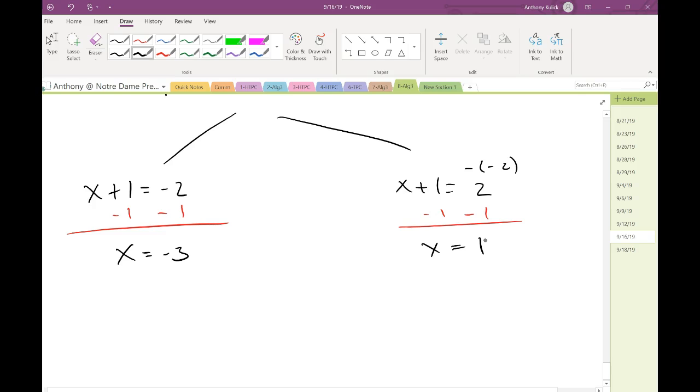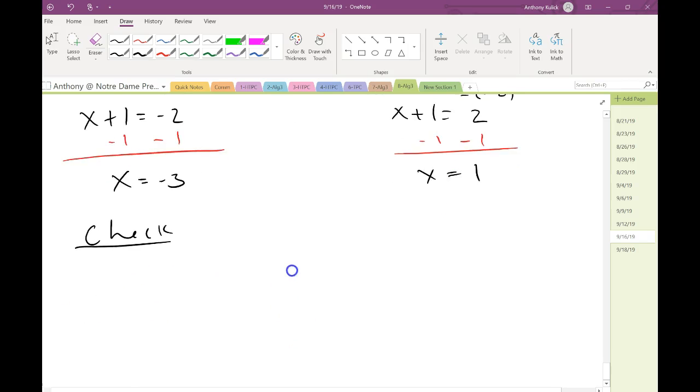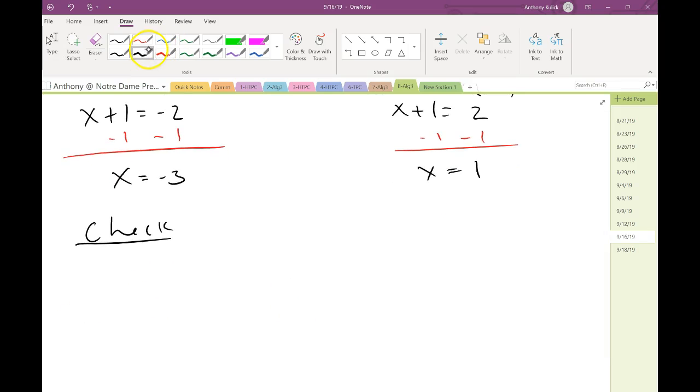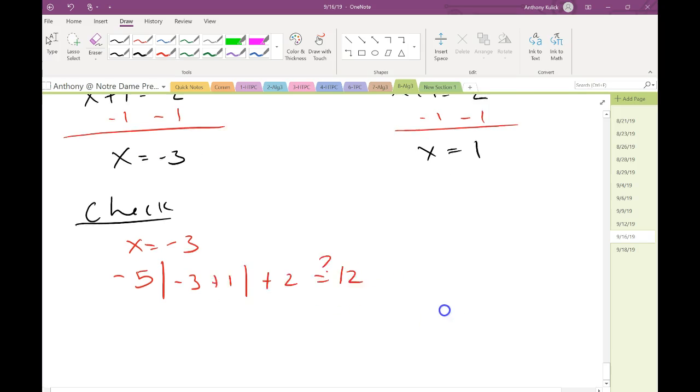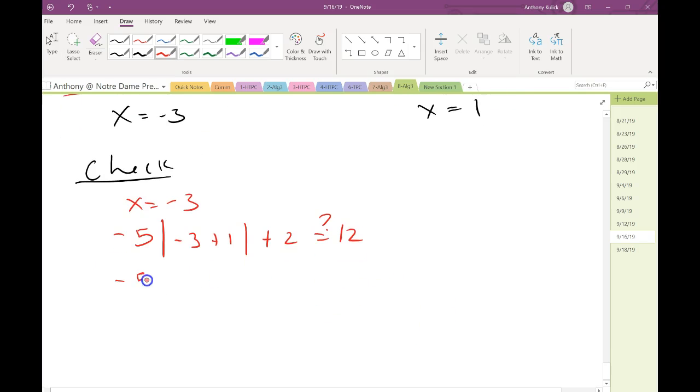So far, so good? Okay. Let's check now. Gotta remember to check. So if I check the negative 3, I simplify, negative 3 plus 1 is negative 2.